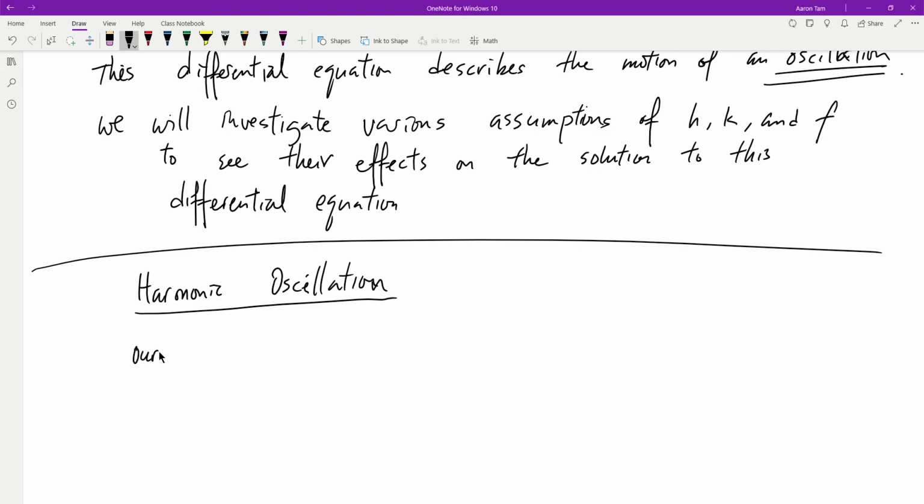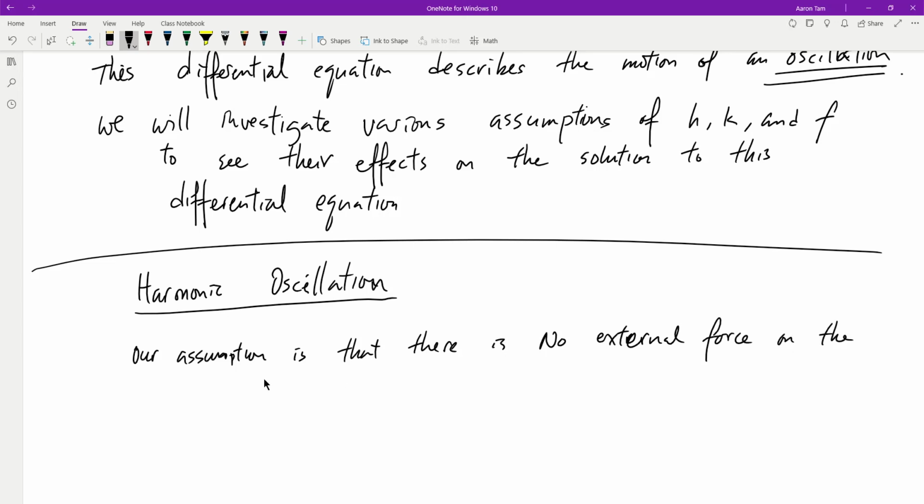So our first assumption is that there is no external force on the piston and no resistance from the floor.